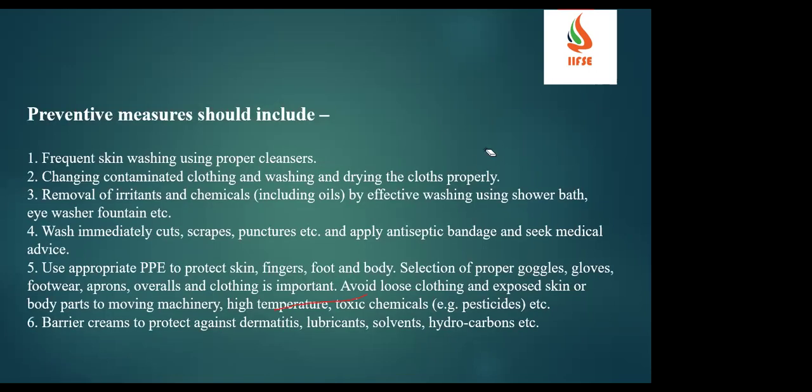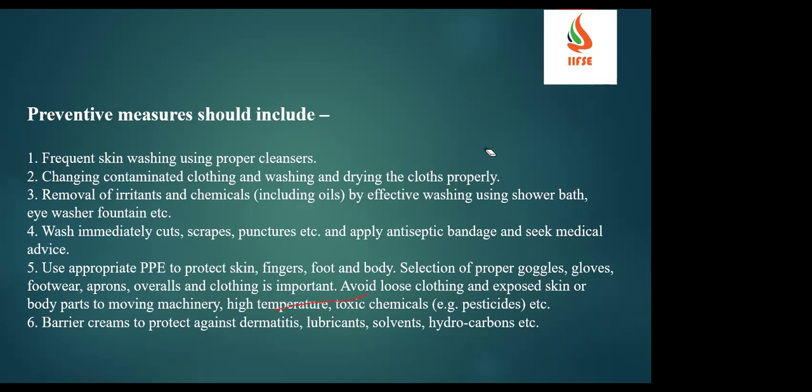We'll see what preventive measures should be included. What kind of preventive measures can be taken? Frequent skin washing using proper cleaners, so we should use proper cleaners to wash out the contaminants or the chemicals we have been exposed to. Then change the contaminated clothing, and wash and dry the clothes properly.